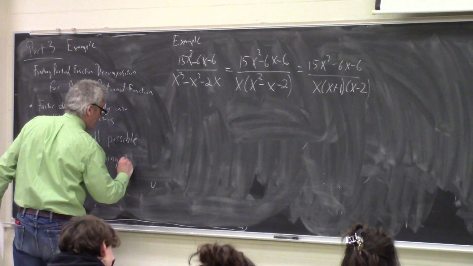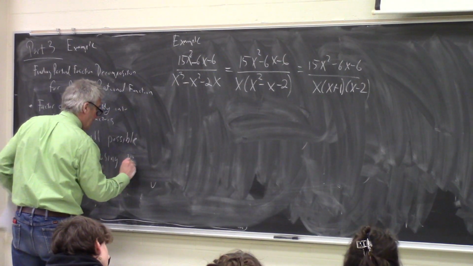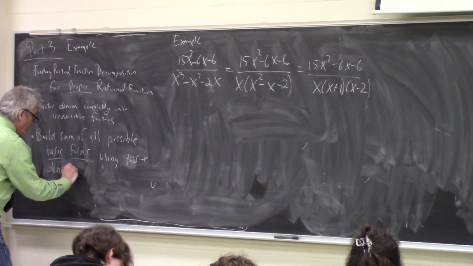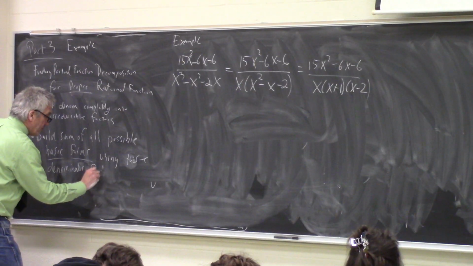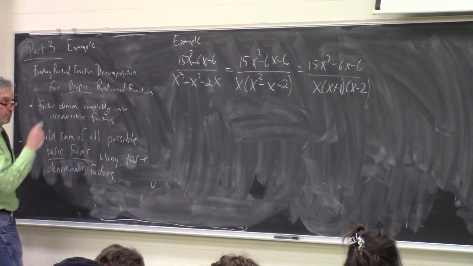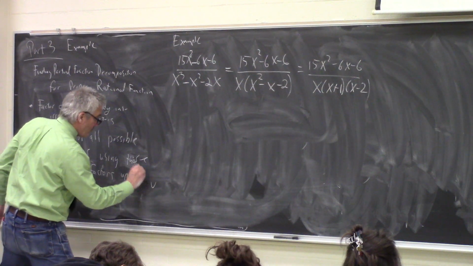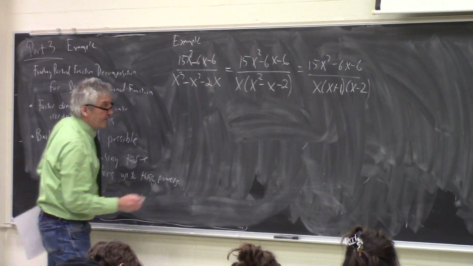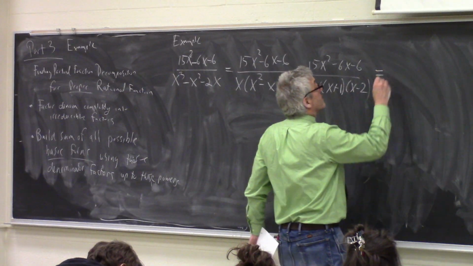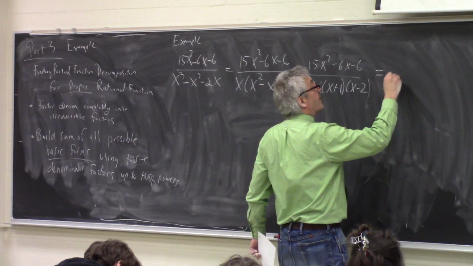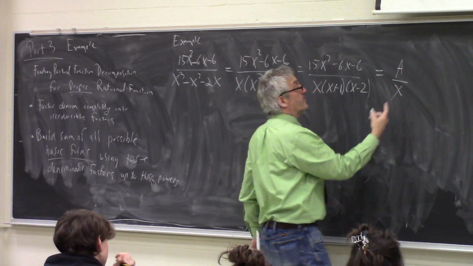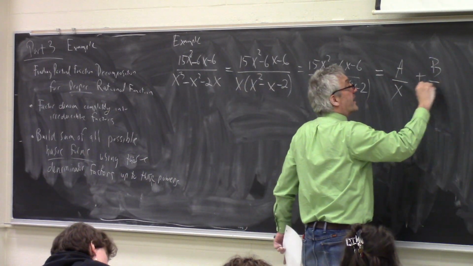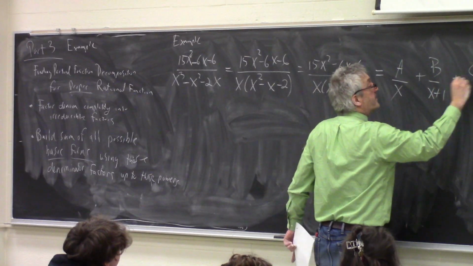Well, here the basic form is going to be something over x. That's the highest power I can go, because that's the highest power here. Plus something over x plus 1, plus something over x minus 2.